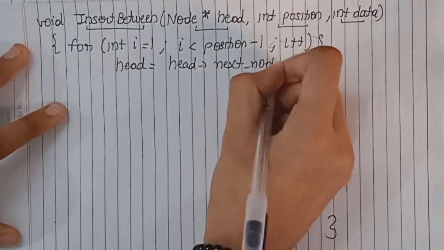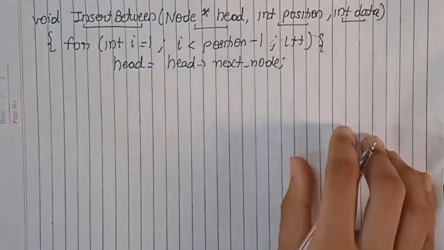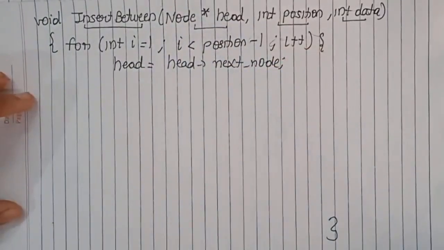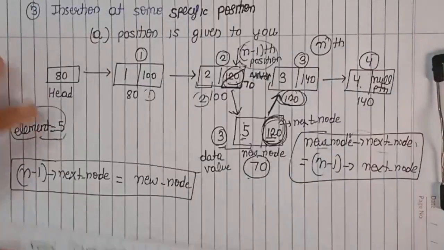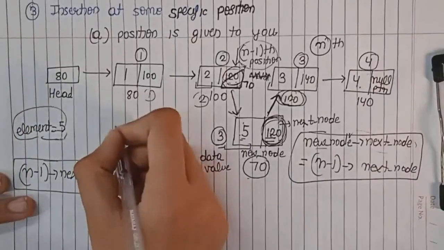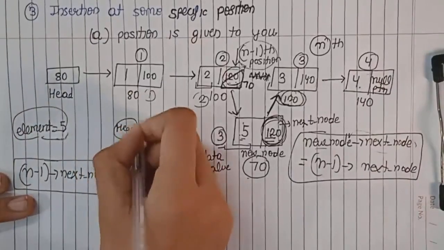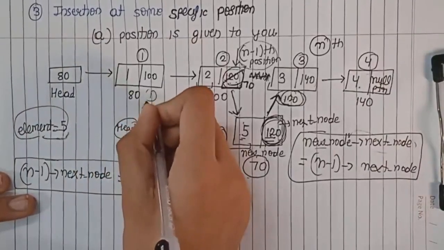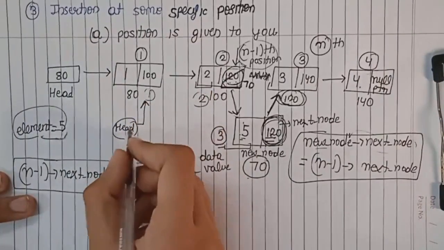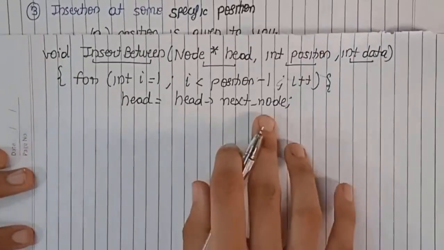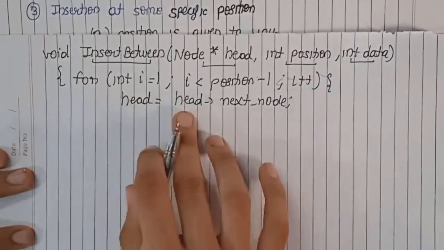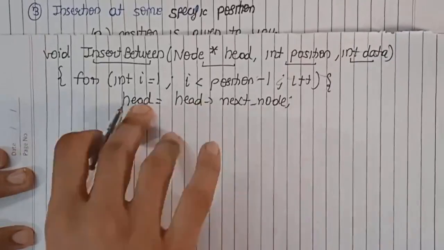So it means that, let me just explain you. If at some moment there was a pointer head which was pointing to this node, so this head will move ahead because we have done head is equal to head next node.